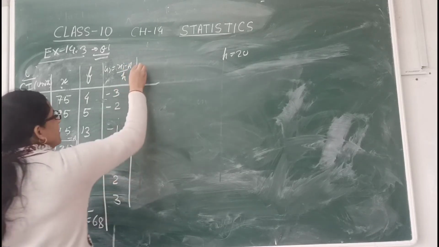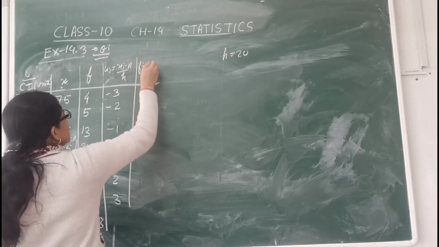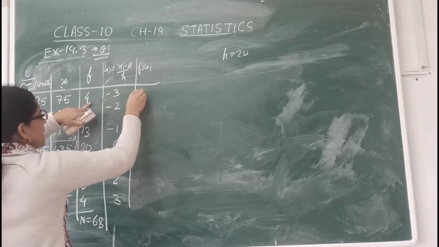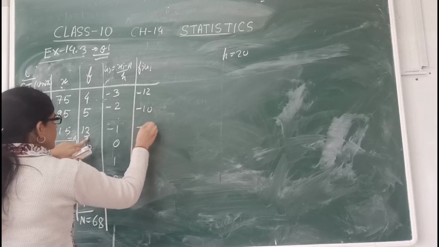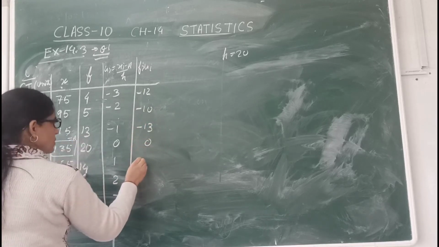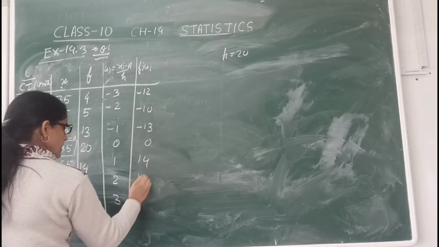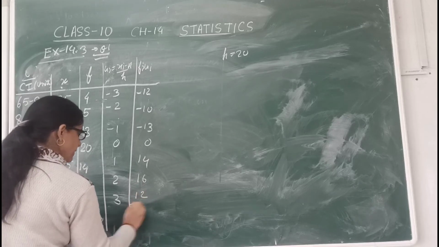Then fi into ui will be minus 12, minus 10, minus 13, 0, 14, 16 and 12.